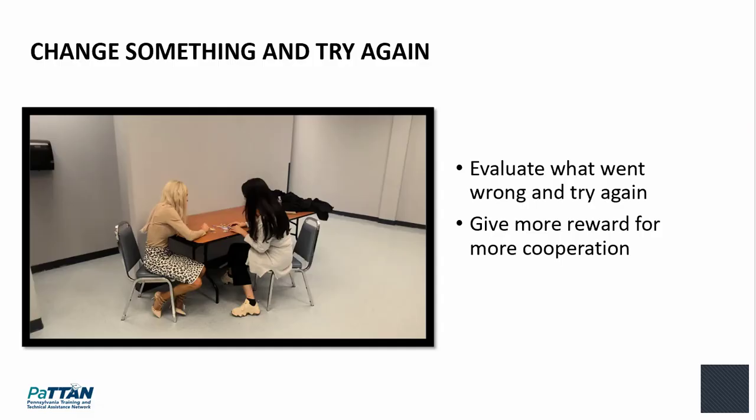Did I use a prompt to help them respond? Did I pick a promise that was valuable enough in the moment and worth what I was asking for them to do? Did I reward their cooperative responding in the past, quickly and consistently? Am I practicing enough at the easy levels, or are things getting too hard too fast?